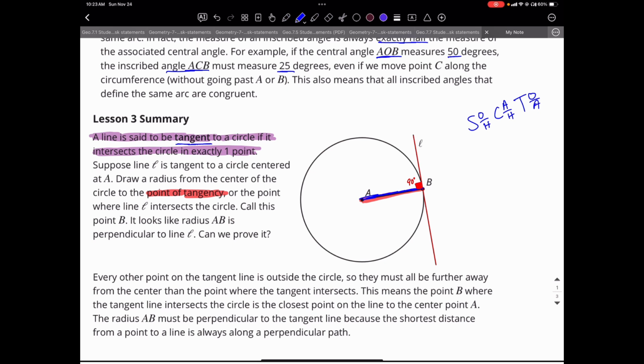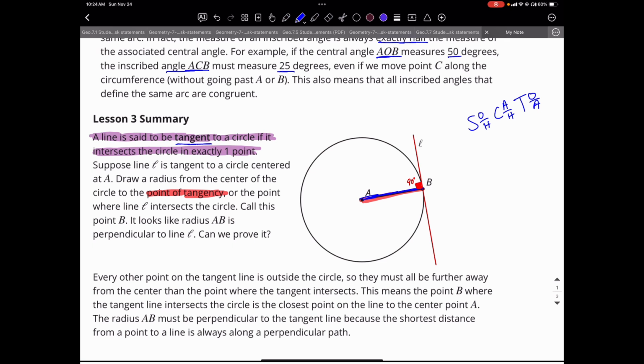Sine is equal to opposite over hypotenuse, cosine is equal to adjacent over hypotenuse, and tangent is equal to opposite over adjacent. So it's no coincidence that this is called a tangent line and you have a tangent trigonometric ratio, right? And we'll get into that in the future. It will be soon. We've done a couple of examples in class, but I want to go over some more when it comes time for the LEAP test.